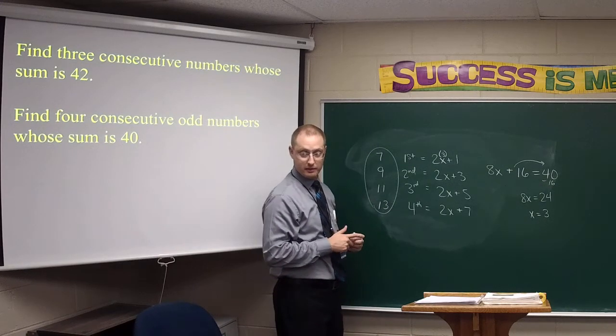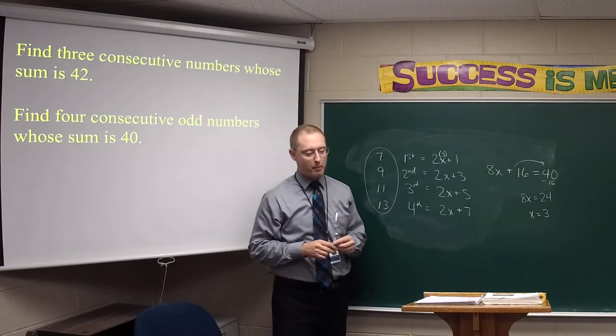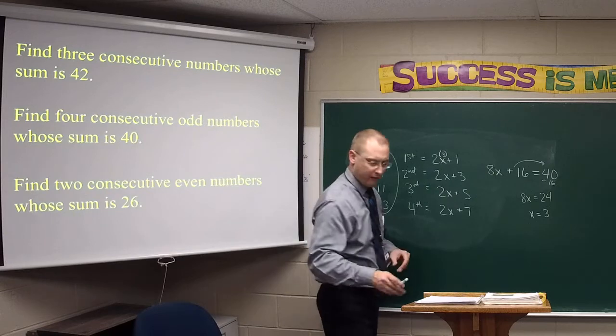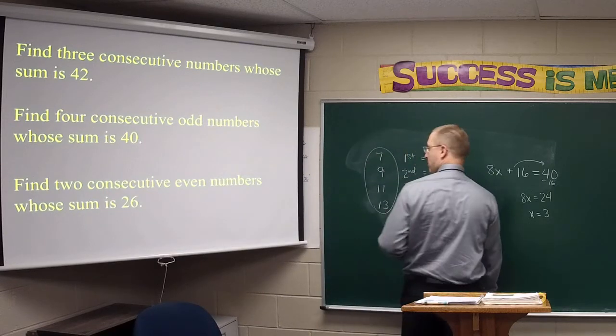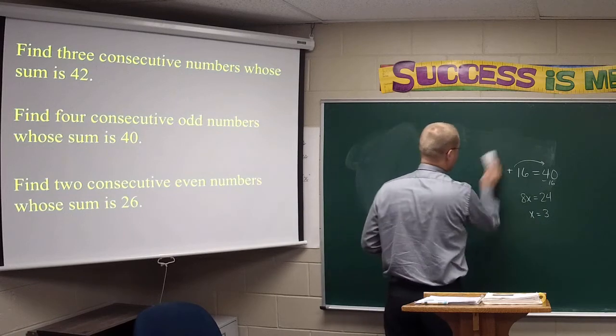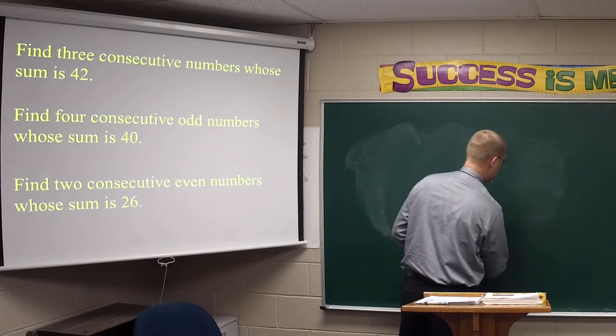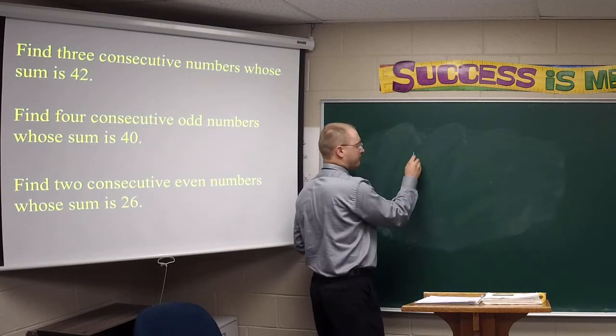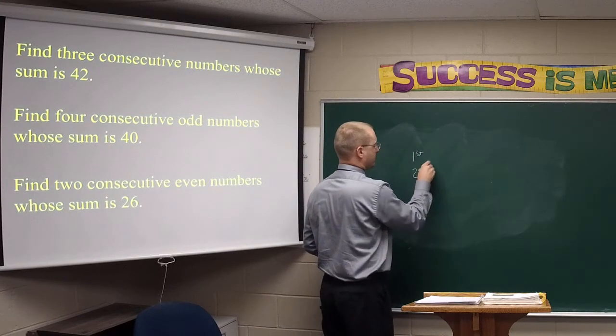Questions on this? Let's take a look at just one more word problem. Then we'll get back to what we've been working on recently. Find 2 consecutive even numbers whose sum is 26. Well, class, how do I represent any even number? 2x. Okay, so then we only have 2 of them, first number and second number.